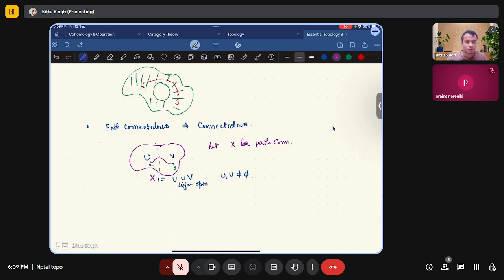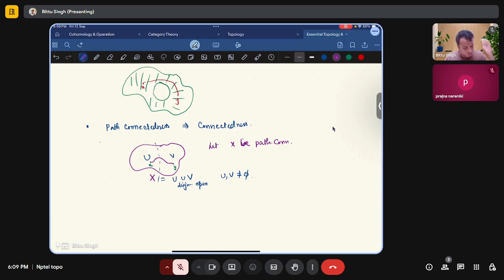So this is a path. Now you can see the contradiction from the picture: if X can be written as a disjoint union of U and V, then the interval I breaks into two parts, right? One part comes from U, another part comes from V.